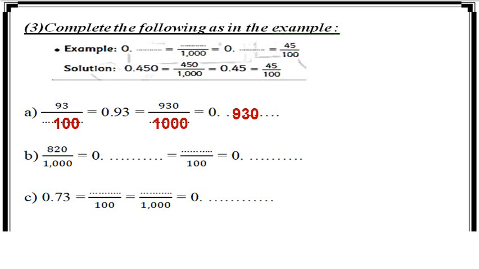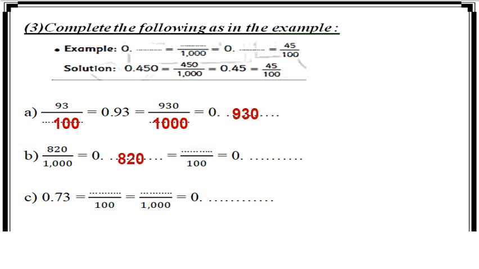In letter B, 820 over 1000 equals 0 point dots equals dots over 100 equals 0 point dots. Let's take the first part. 820 over 1000 means we have 3 decimal places and put 820, so it will be 0.820.